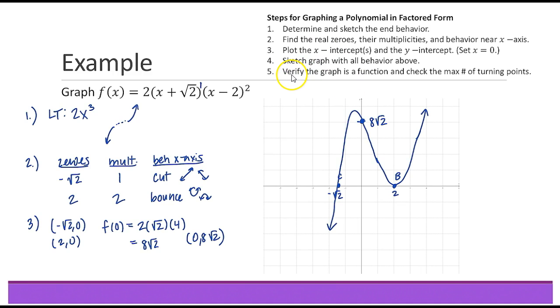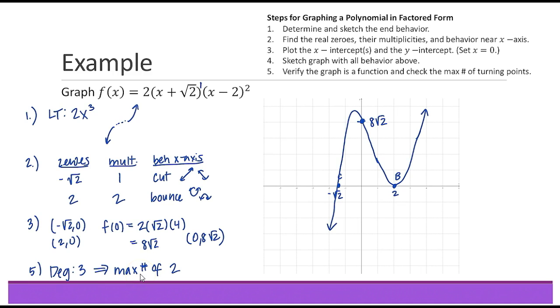Now the last part is just a check. Verify the graph is a function, and it is, and check the maximum number of turning points. So this degree, we said the leading term was 2x cubed, so I'm going to go ahead and say like part 5. The degree of the polynomial was 3. So that implies that the maximum number of turns that it could have is 2.